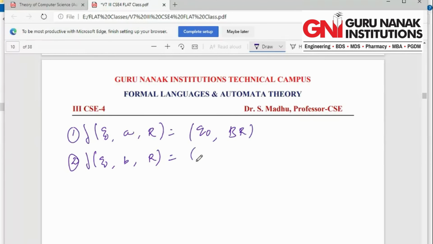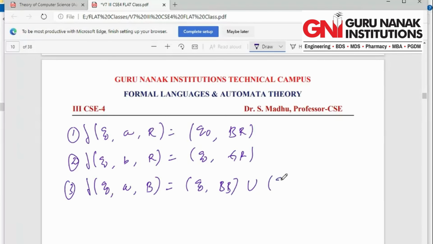DR. Next state is Q0. GR. Next, third one. Second symbol. Suppose again A is there. Top of the stack is B. Now which rule can be applied here? Either insert BB or delete B from the stack. This B can be removed. Okay. Either this rule or this rule can be applied.